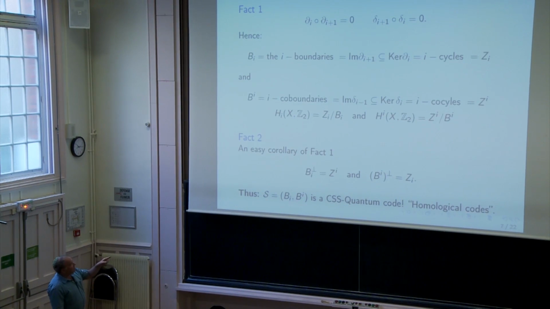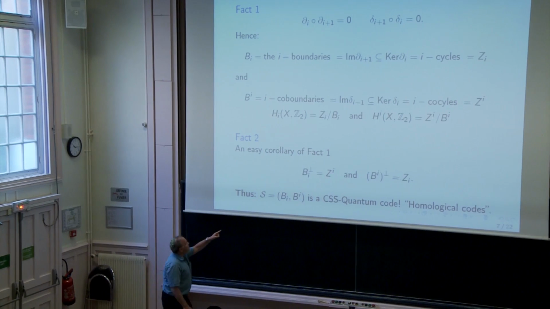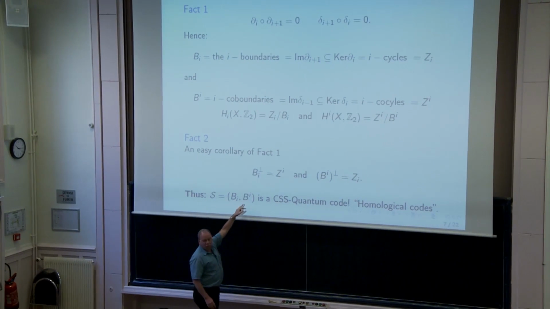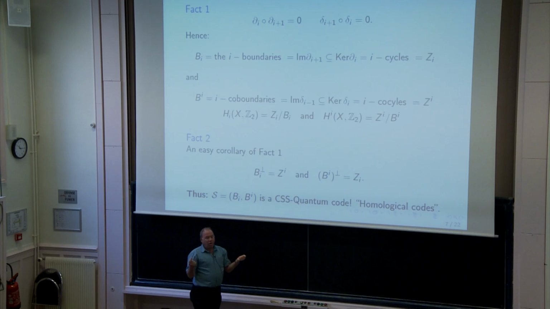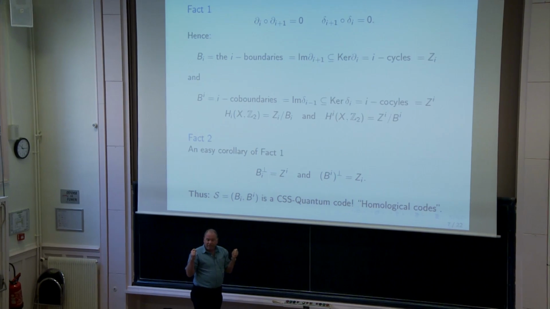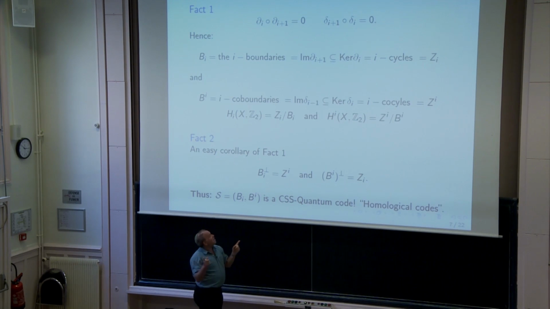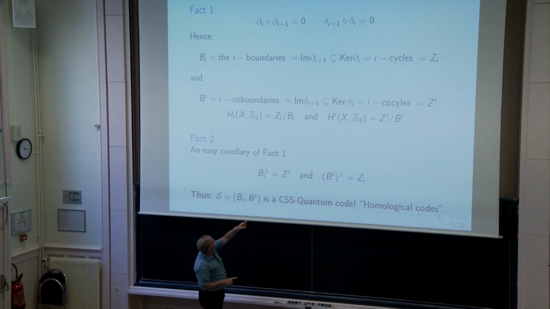Therefore, I don't know why I wrote S here, I should really write C. If you take the boundaries and the co-boundaries as W1 and W2, we automatically get that they are orthogonal to each other, because you see, the perp of B_I is Z_I, which means that the B_I is orthogonal to the B_I.